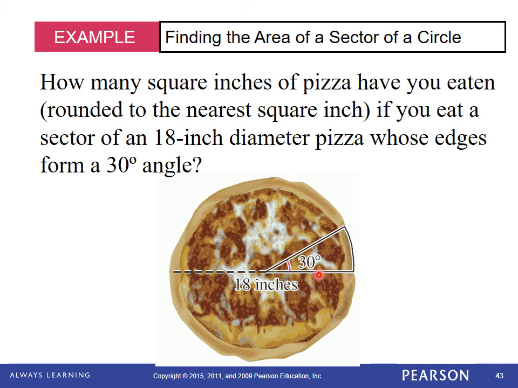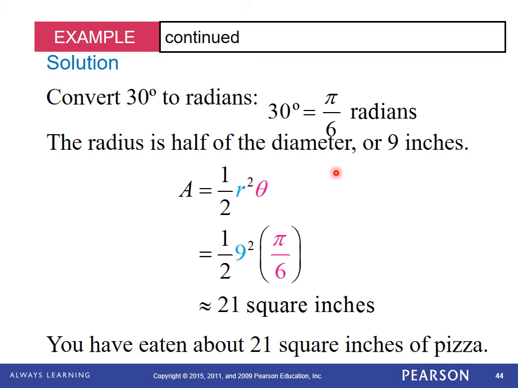It's going to be a little different. And then of course you have to convert the 30 degrees to radian measurement. As you do that, just real quickly here, 30 degrees becomes pi over 6. Plug it into the formula. Your radius is 9. Plug in the theta, and you have eaten approximately 21 square inches of that pizza.